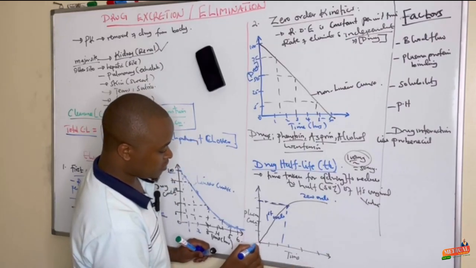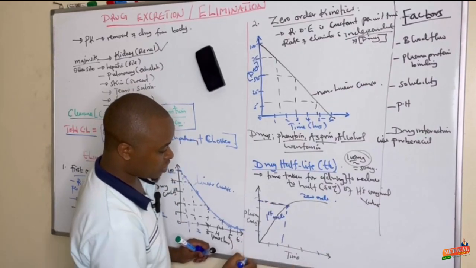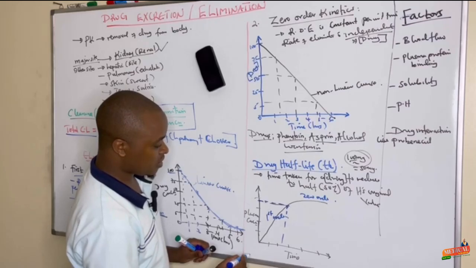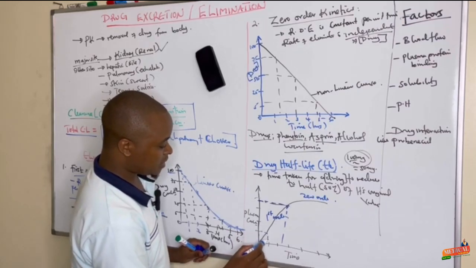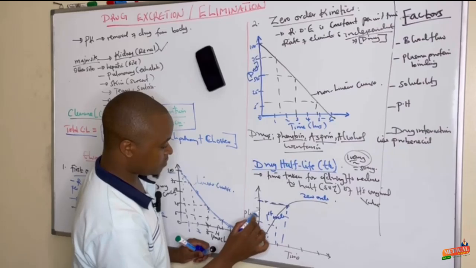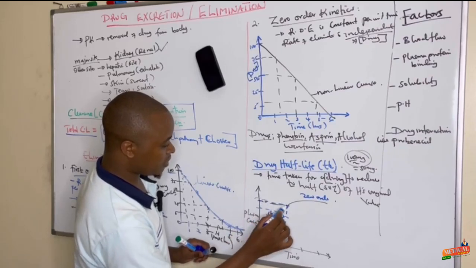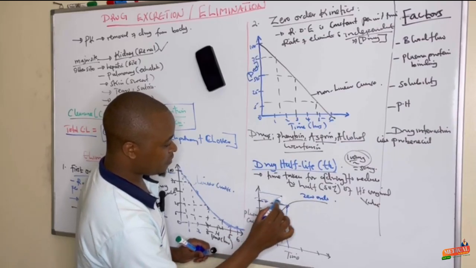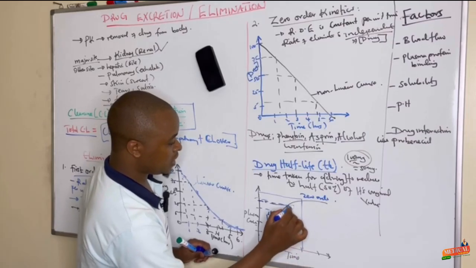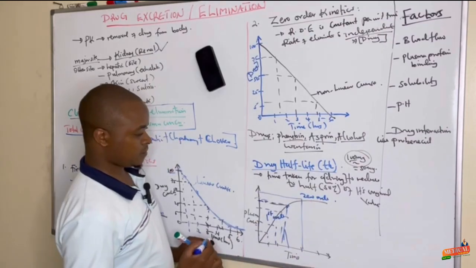When the drug concentration is still increasing, we see that after about 4 half-lives, at the 4th and 5th half-life, it attains what we call steady state.